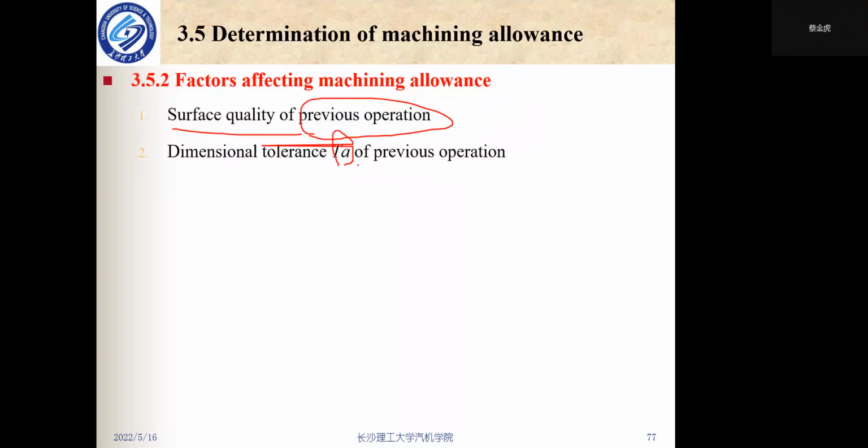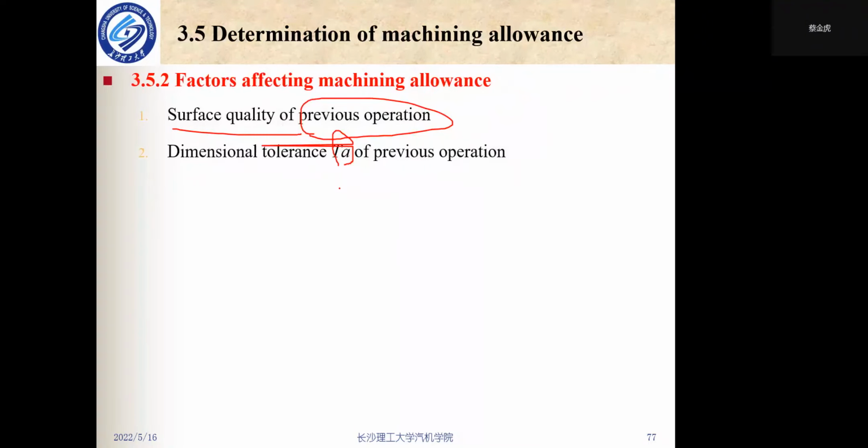In order to correct the machining errors produced in previous operation, the machining tolerance of this operation should include TA, the previous dimension tolerance.